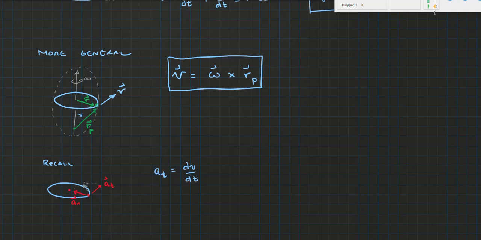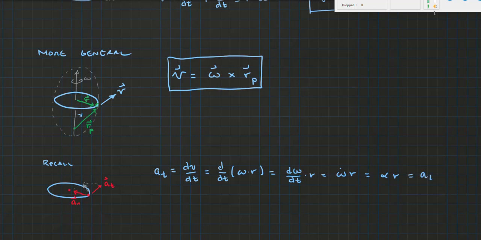Now, our tangential acceleration is the derivative of the velocity with respect to time, and if you look above, you'll see that we can replace that with the derivative with respect to time of omega times r, which, since r is constant, will result in the derivative of omega with respect to time times r, or omega dot r, or we have a name for that, we call that alpha, our angular acceleration, times r.